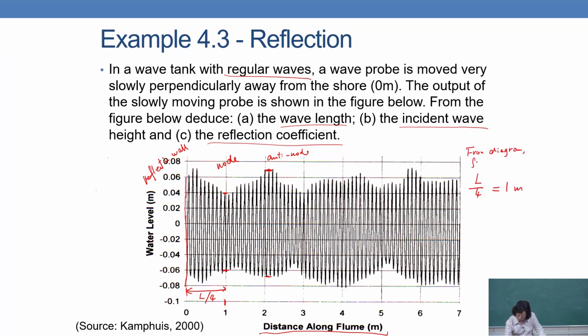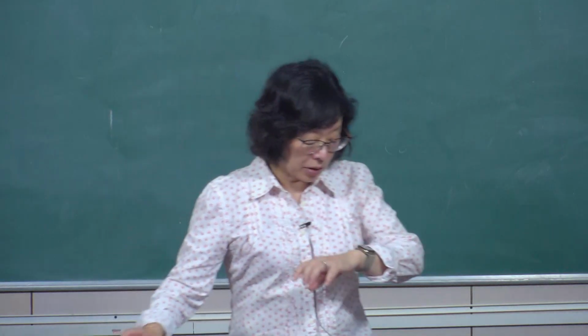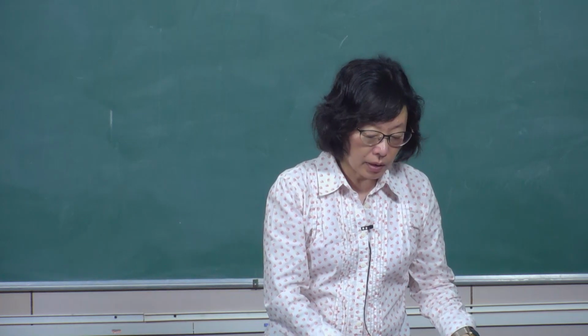From the diagram, from the wall to the first node, we will have L equal to 4 meters. Yeah, so that's the first step. Then we look at the second one.